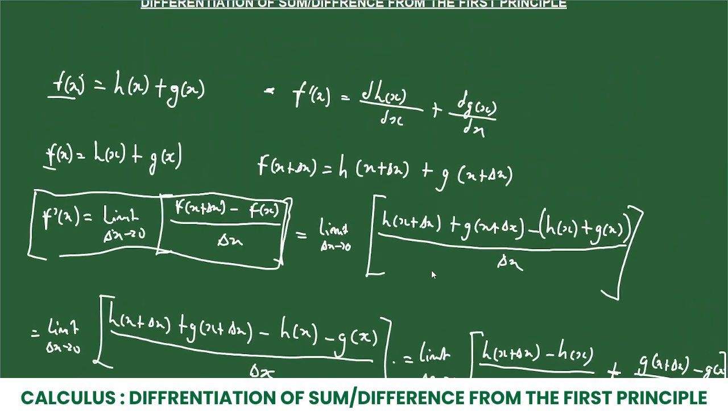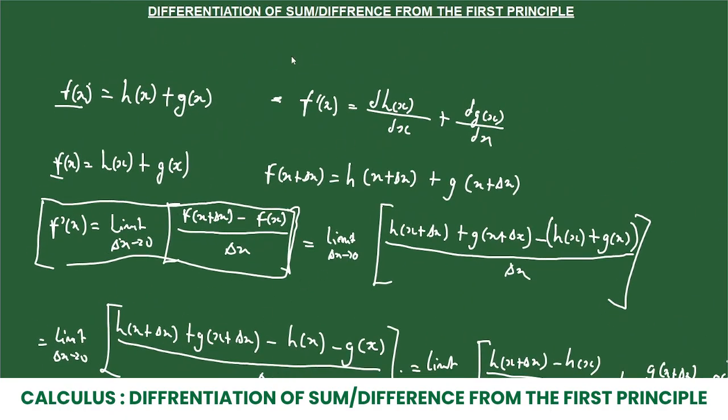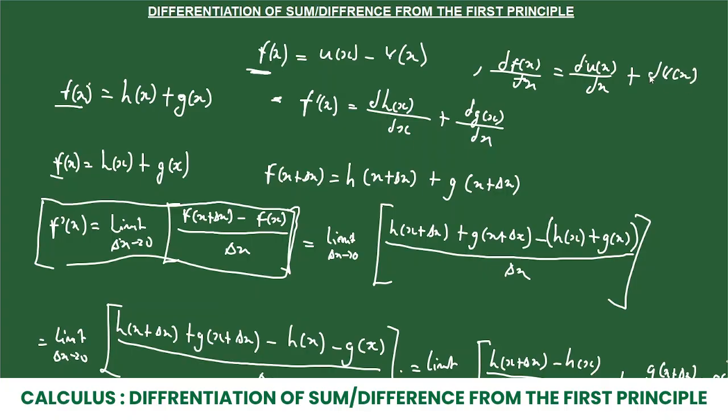It's the same thing for subtraction. If you have f of x to be maybe u of x minus v of x, the derivative of f of x over dx is the same as the derivative of u of x over dx minus the derivative of v of x over dx.